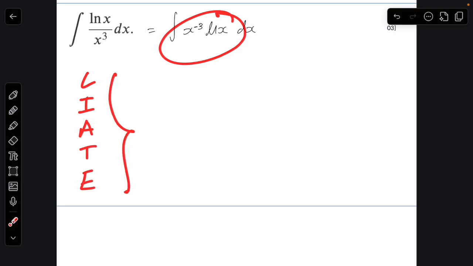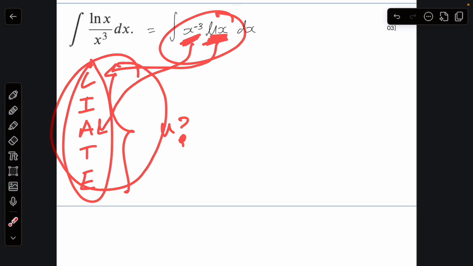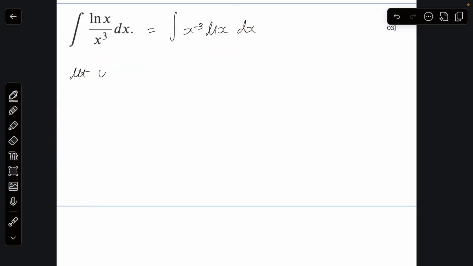We need to pick u. So what is our value of u going to be? Well, look, we've got a logarithmic function, and we've also got an algebraic one. Now the logarithmic function appears higher in the acronym, so therefore I'm going to say let u equal ln x, and let dv by dx equal x to the power of -3.